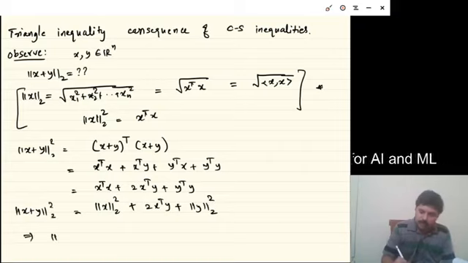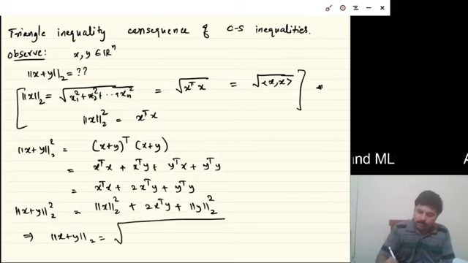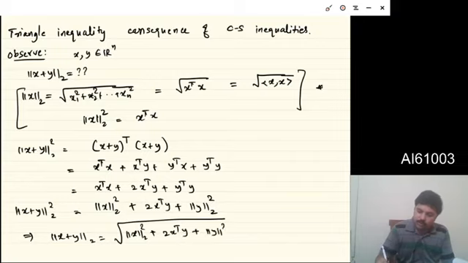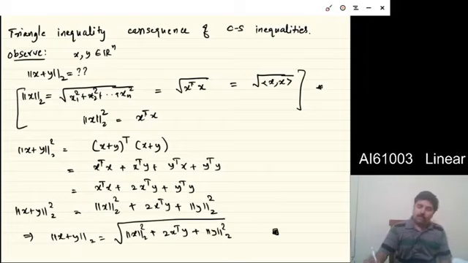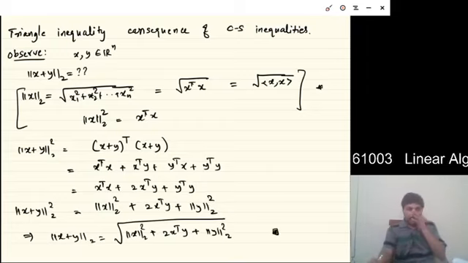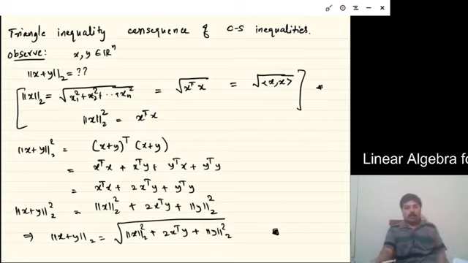And this implies that the 2 norm of the vector x plus y is basically the square root of norm x squared plus 2 x transpose y plus norm y squared. It is interesting to note how this 2 norm is related to the inner product.